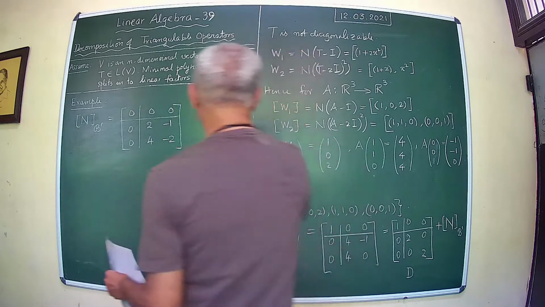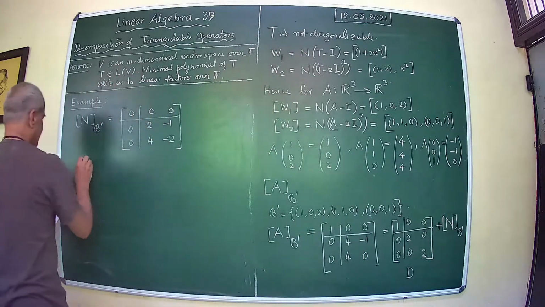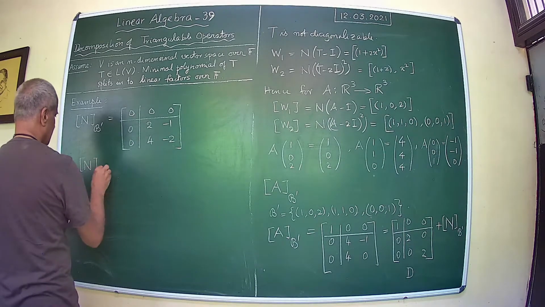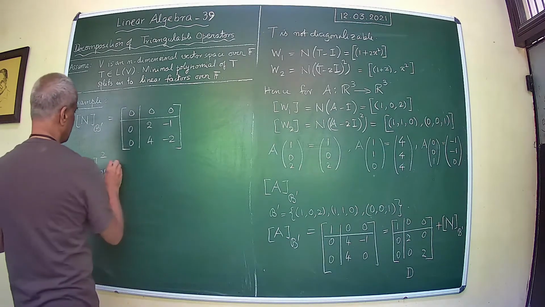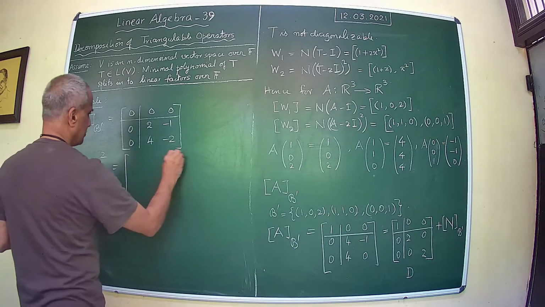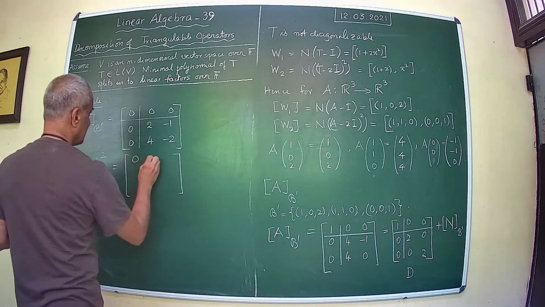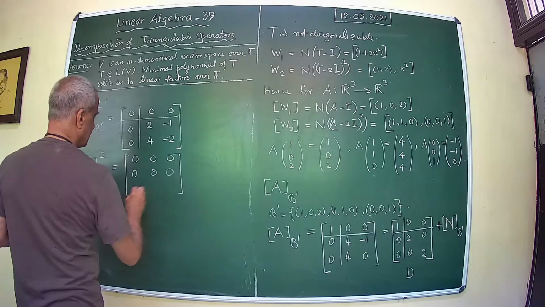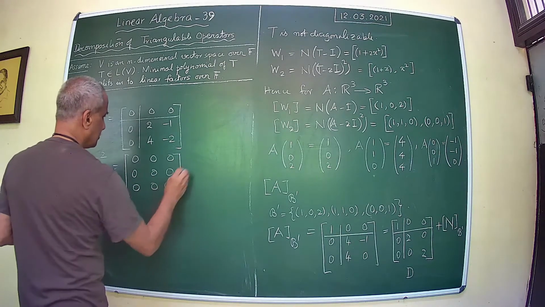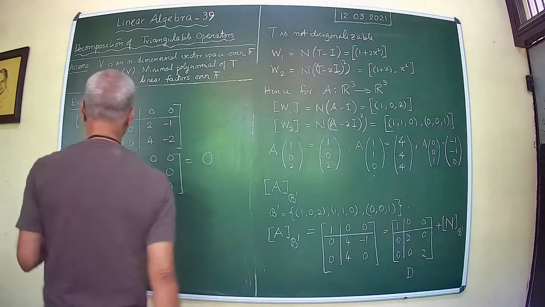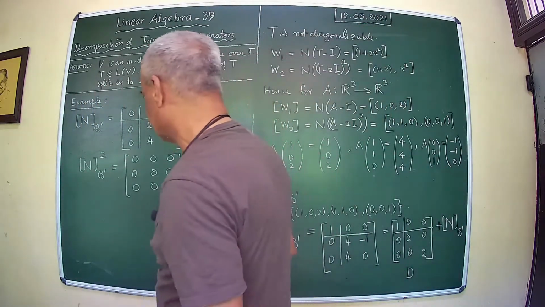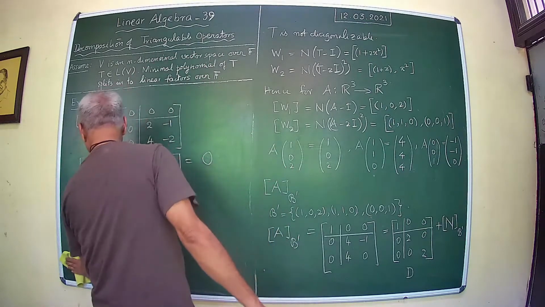One can easily verify that this is zero. Therefore, N is equal to this. That is, N square is equal to this.